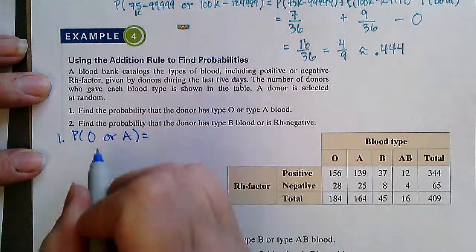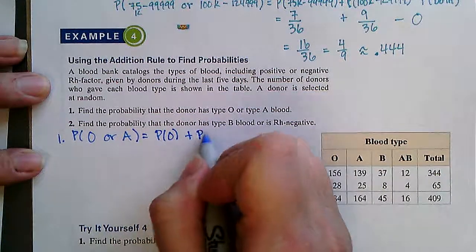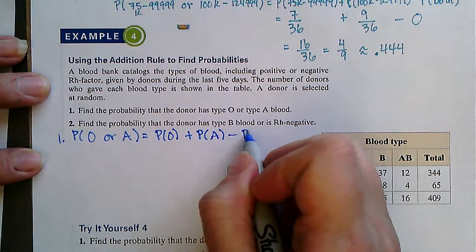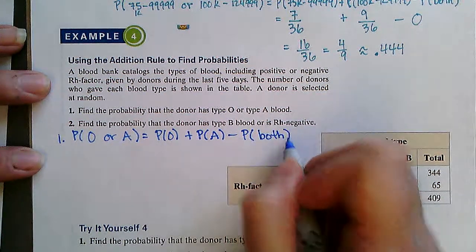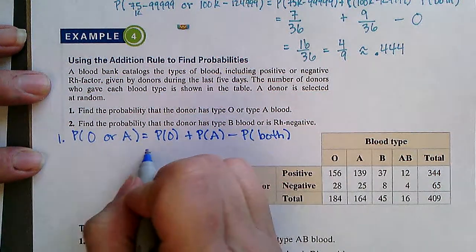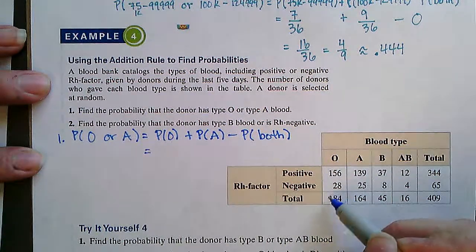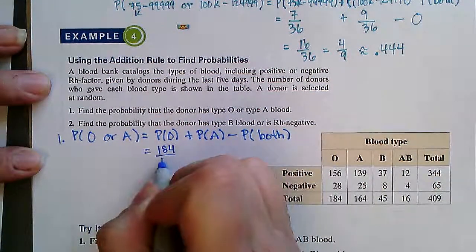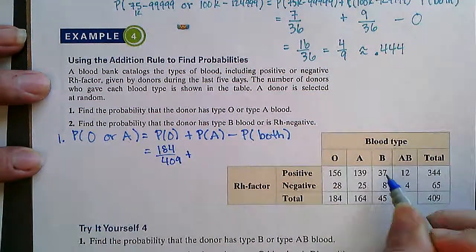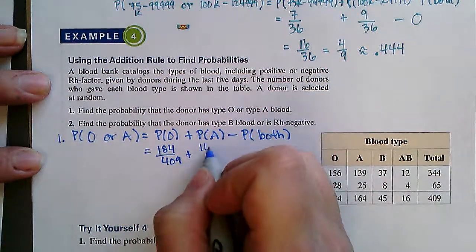So with the addition rule, because it's an or, that would be the probability of type O plus the probability of type A minus the probability that they are both O and A. So the probability of type O would be 184 out of the 409. The probability of type A would be 164 out of 409.